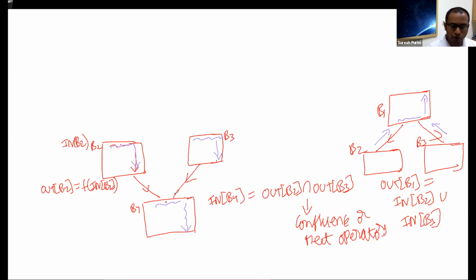So this is what is called a forward data flow analysis problem. The available expressions analysis is a forward data flow analysis problem.